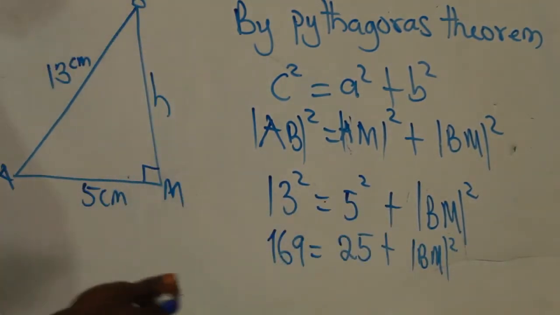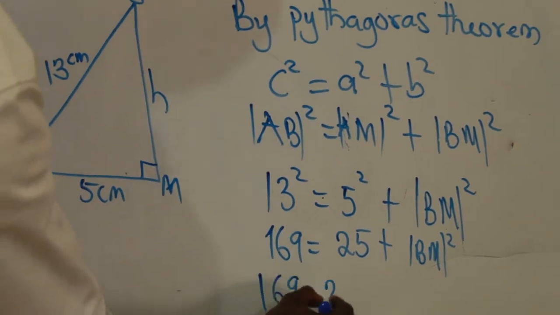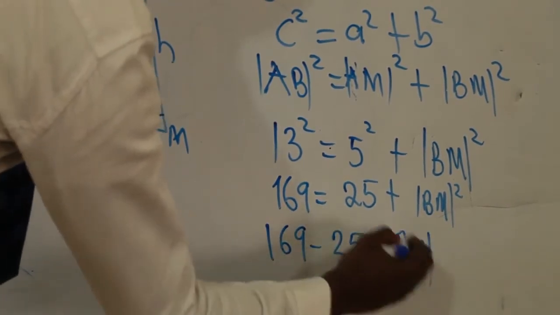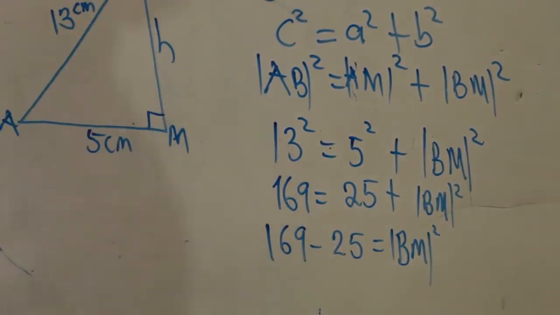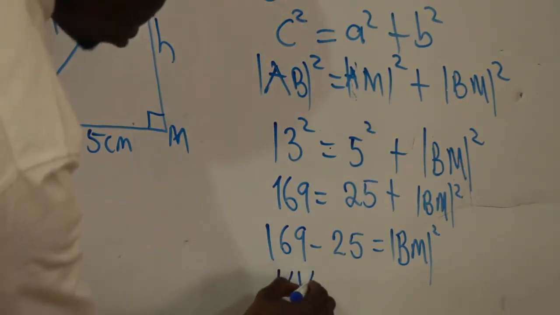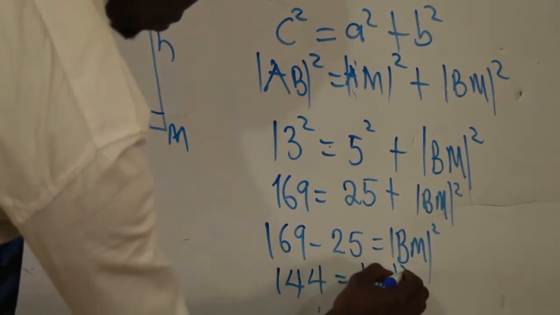25 goes over to join 169 as like terms, and it becomes minus. If you subtract 25 from 169, you're going to get 144, and that's equal to BM squared.